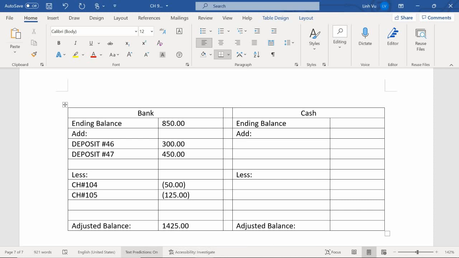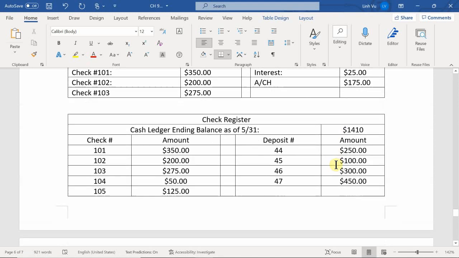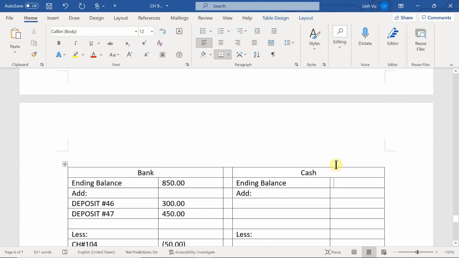We need to calculate on the cash side to make sure that they balance at the end. So in this case, what is the ending balance in my cash ledger? $1,410.